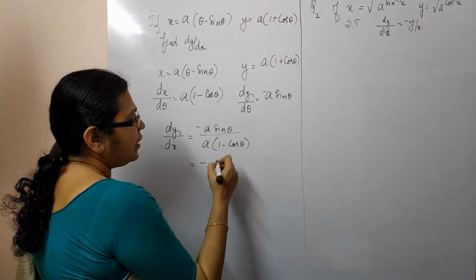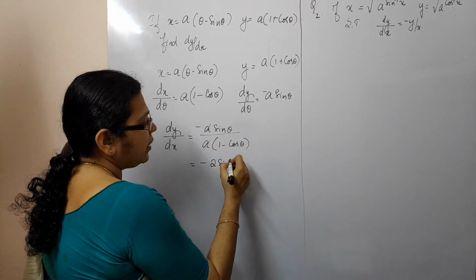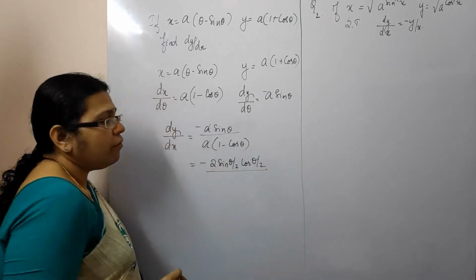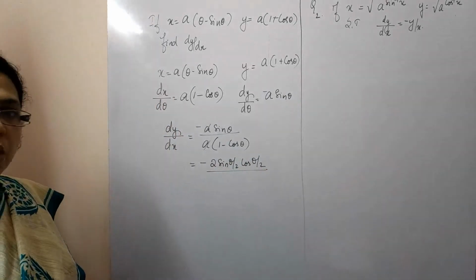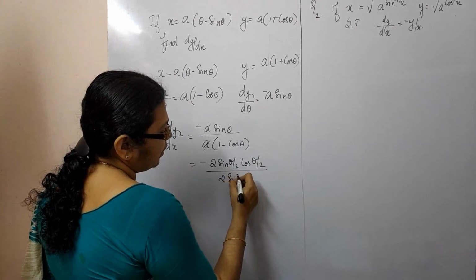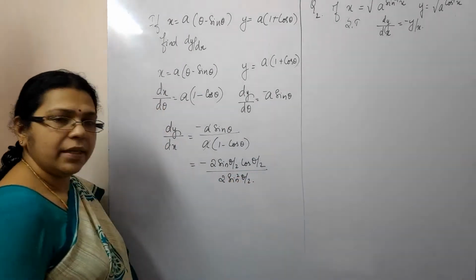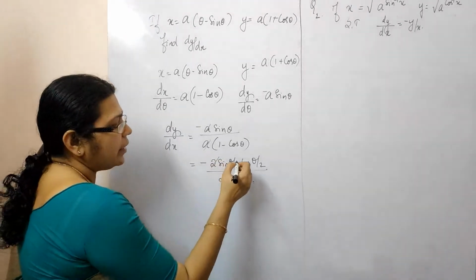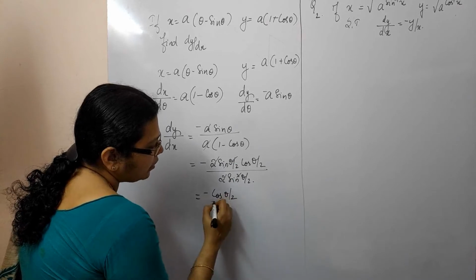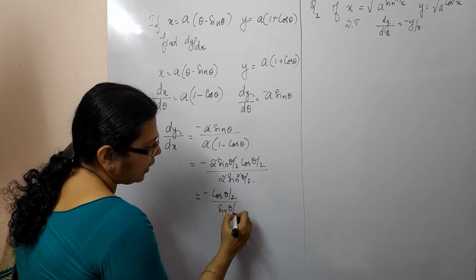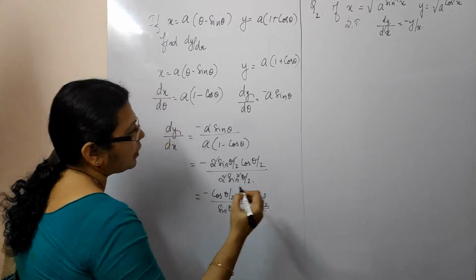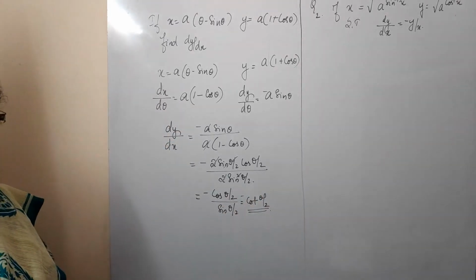Minus sin theta, I can write as minus 2 sin theta by 2 cos theta by 2, using the half angle formula, divided by 1 minus cos theta, which I write as 2 sin square theta by 2. The 2 and 2 cancel, and one of the sines also cancels. So we get minus cos theta by 2 by sin theta by 2, which is negative cot theta by 2. Am I clear? That is dy by dx.